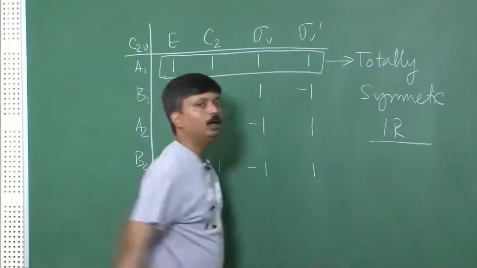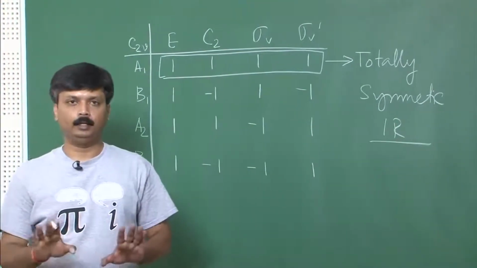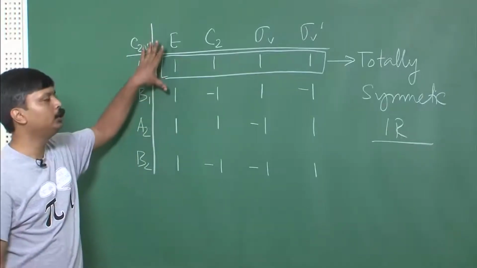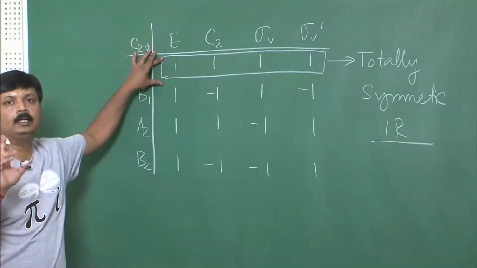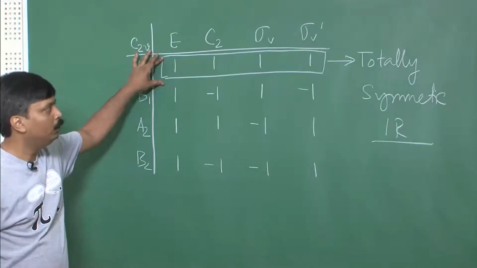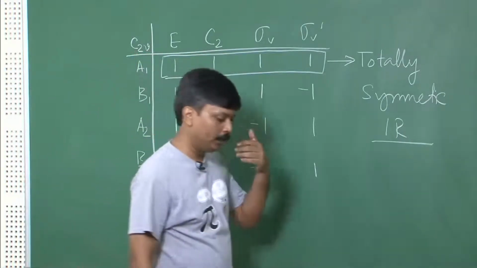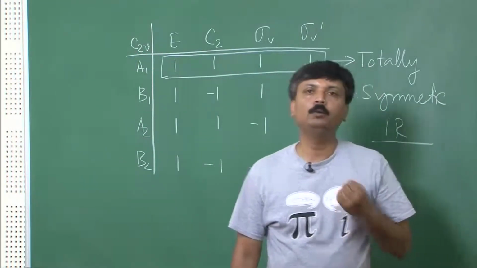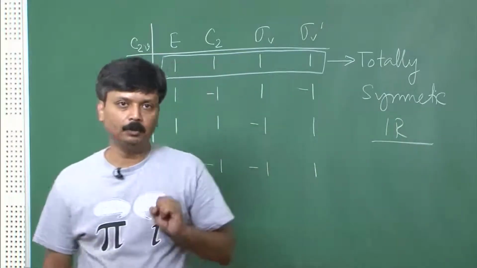So for any given character table you form, you know for sure that one totally symmetric IR will be there.